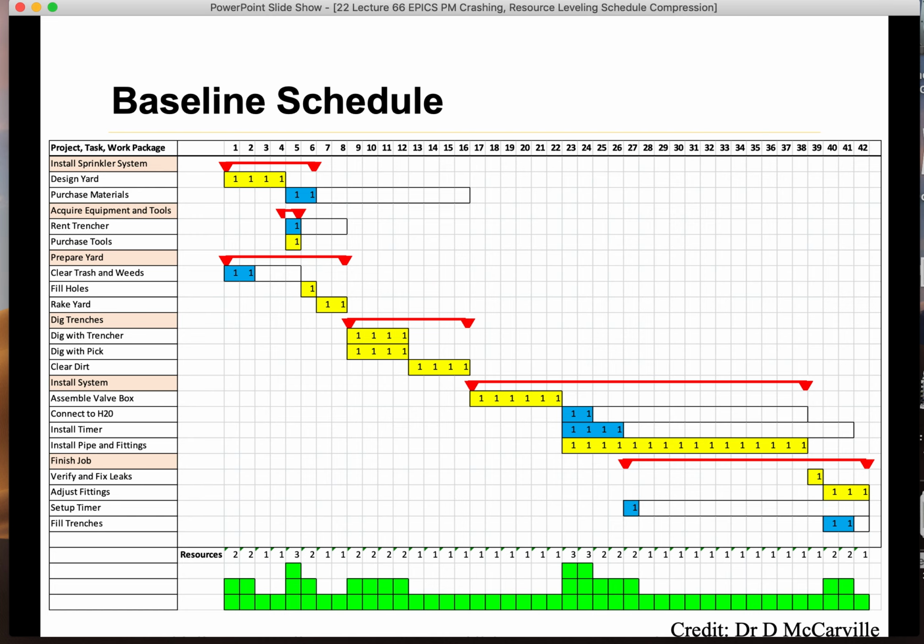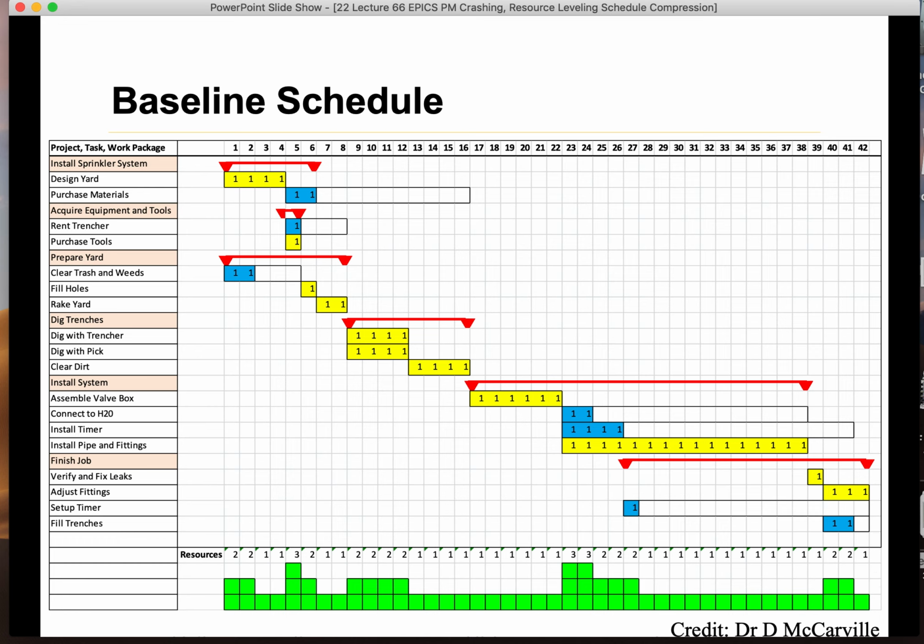So one of them can do one job and the other one can do another in the same day. So I'm kind of leveling the peaks here, got it? And I don't want to create more time to finish the project.